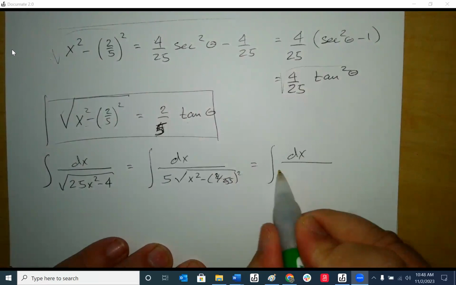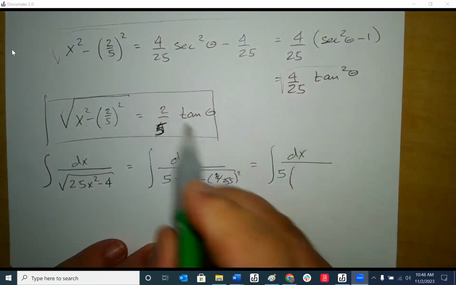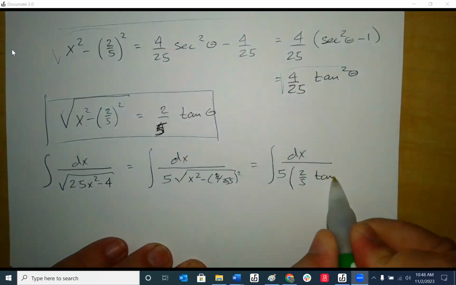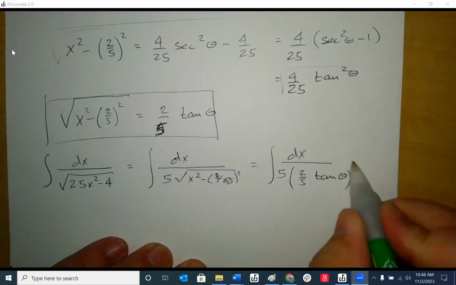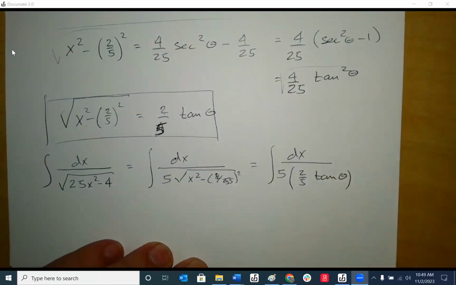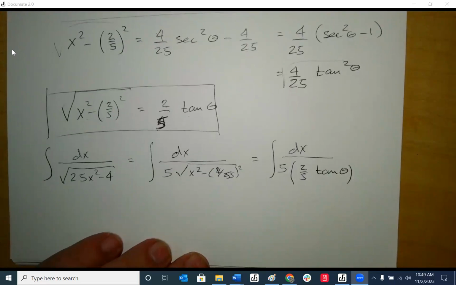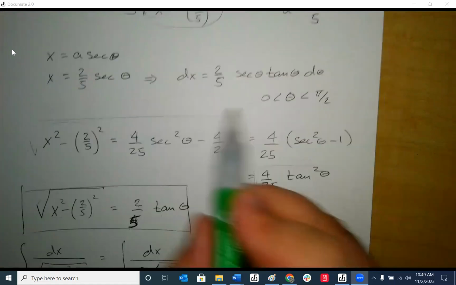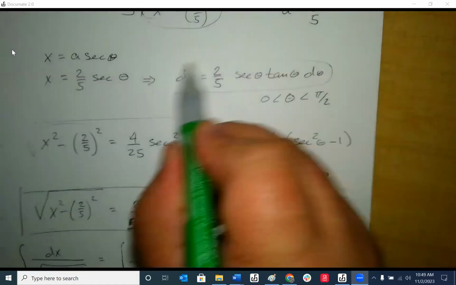On the bottom, we have 5 times 2/5 tangent theta. And dx, well, we did that. dx is here.